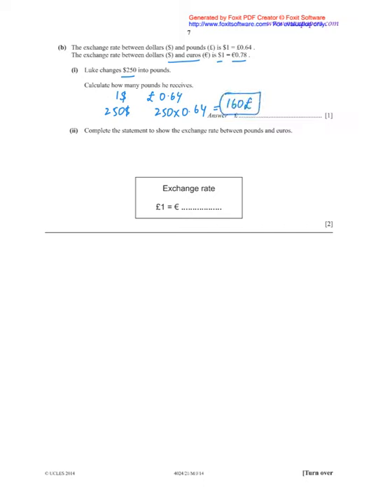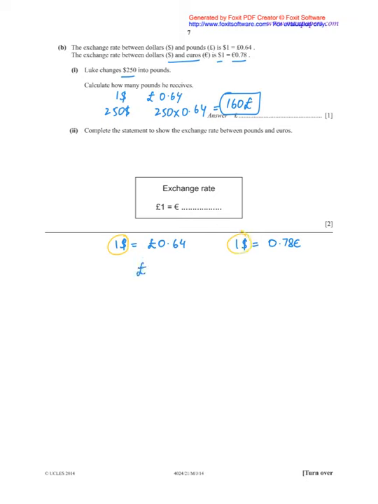After that, complete the statement to show the exchange rate between pounds and euros. So we need to convert between pounds and euros. It's very simple. If $1 equals 0.64 pounds and $1 equals 0.78 euros, on both equations the left side has $1, so we can equate them.